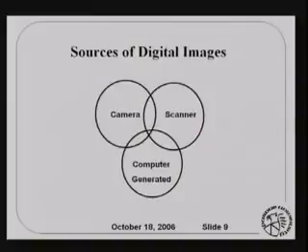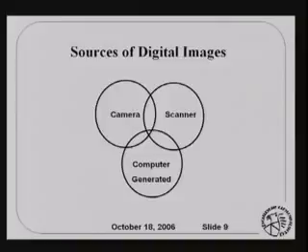Among these sources, we can have images which are purely coming from cameras or purely coming from scanners. That is to say, a camera captured a scene and then we have not done any manipulation on that image. That will be classified as an image coming purely from cameras. But there are further possibilities: we manipulated that image, we copied a certain portion of that image and pasted it somewhere else within the image, or we removed some portion of the image.